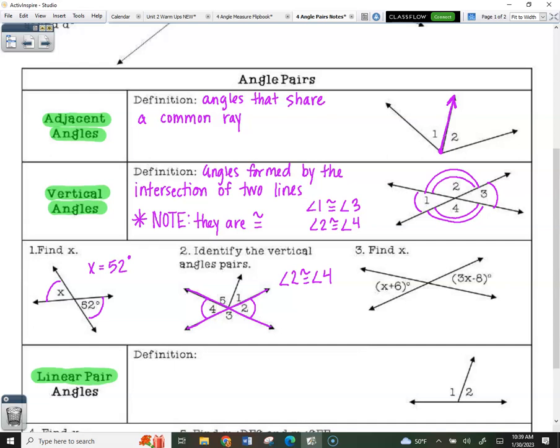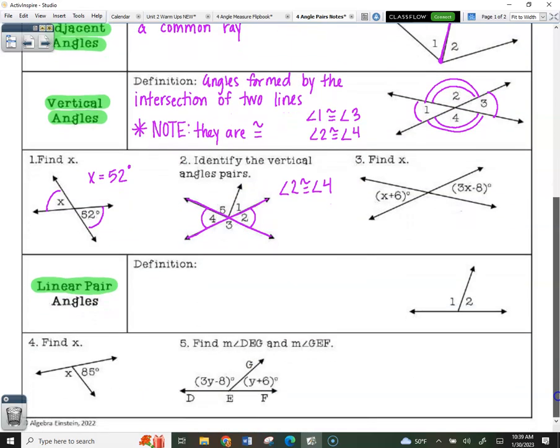All right. Number 3 is a polynomial expression. Try it. You have to ask yourself, what's the relationship? Well, they're what type of angles? They're vertical because they're right in between 2 straight lines.